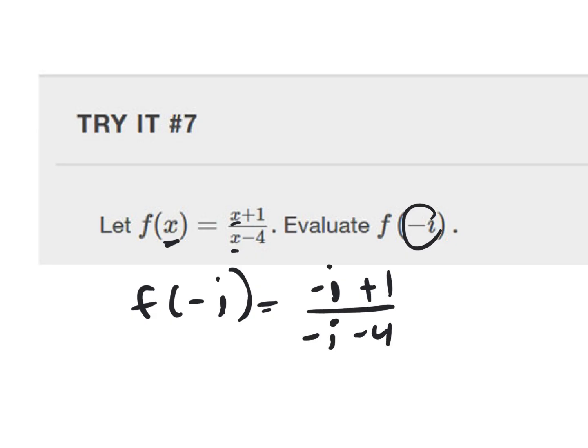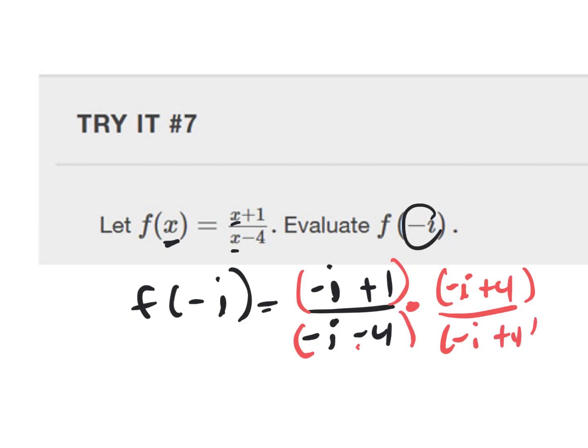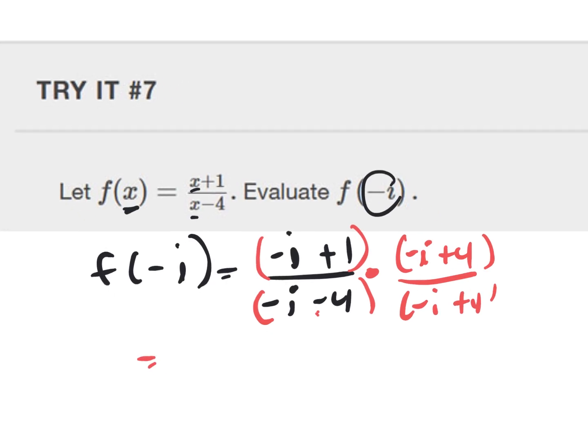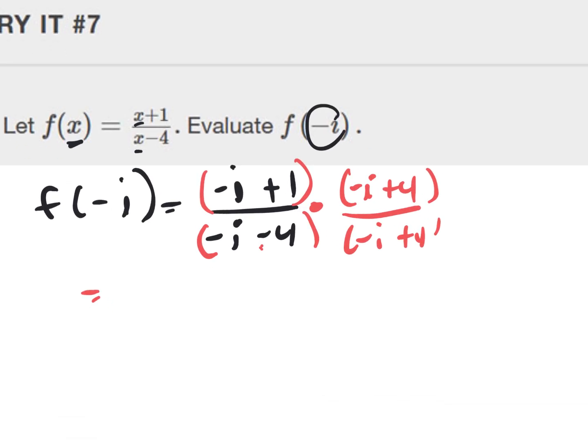Just like before, no i's allowed at the bottom. So we have to multiply top and bottom by the conjugate of the bottom, which means this minus just becomes a plus. Negative i plus 4 over negative i plus 4. Grouping that together so we could use FOIL, negative i times negative i is a positive i squared.